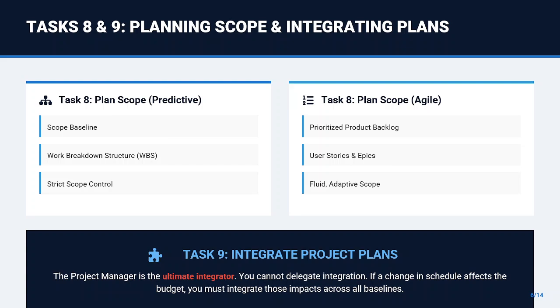Task 9 is integrating project planning activities. The project manager is the ultimate integrator. You cannot delegate integration. If a change in schedule affects the budget, it is your job to integrate those impacts across all baselines and update the comprehensive project management plan.